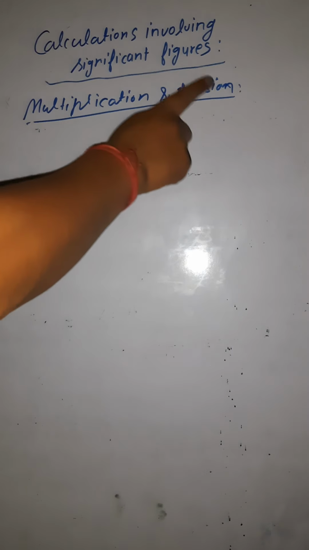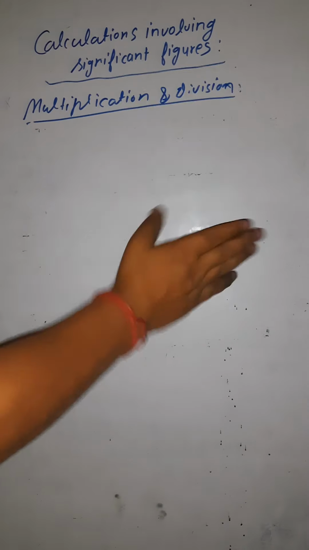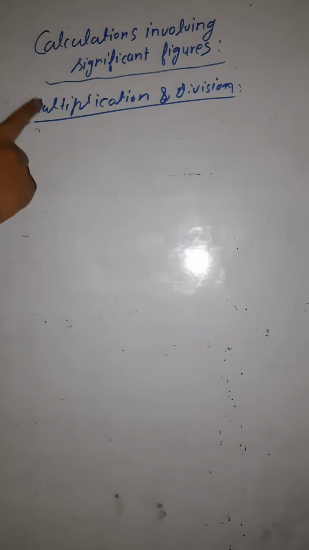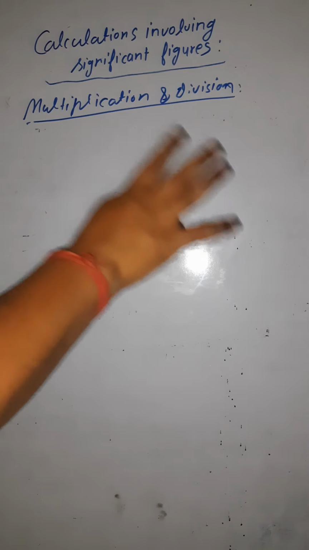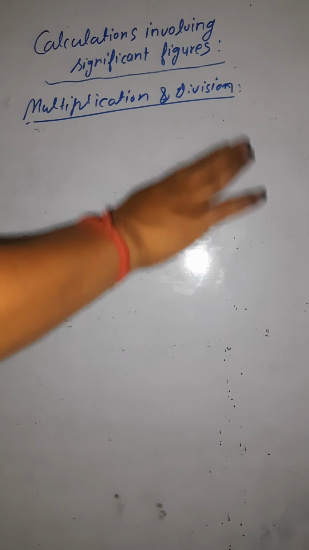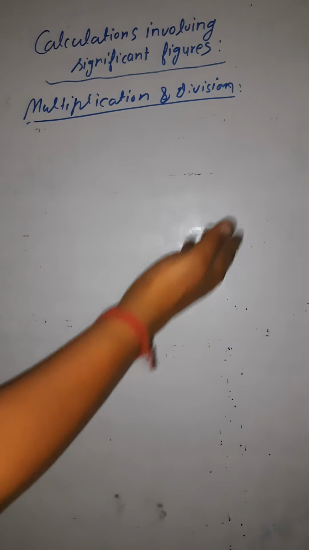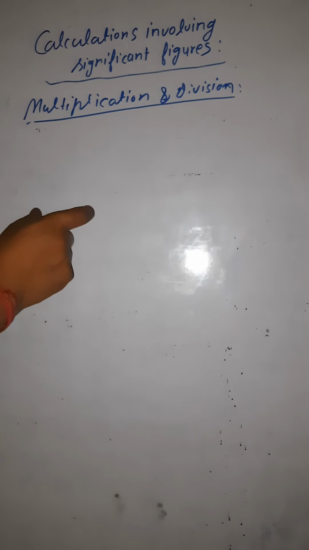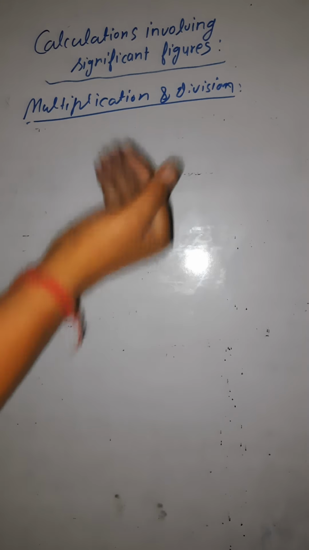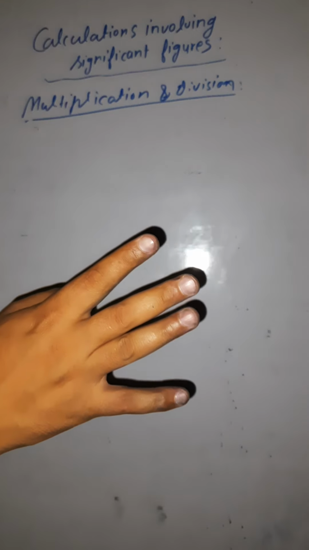In case of multiplication and division, you would report the result in such a way, remember this, that the result should have the same number of significant figures as the term which has the least number of significant figures.